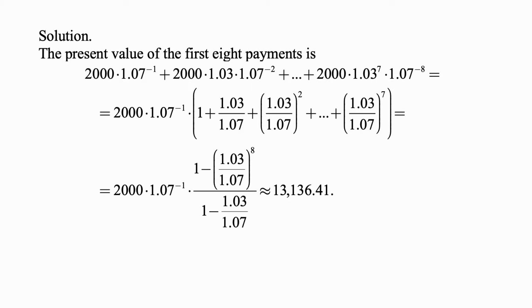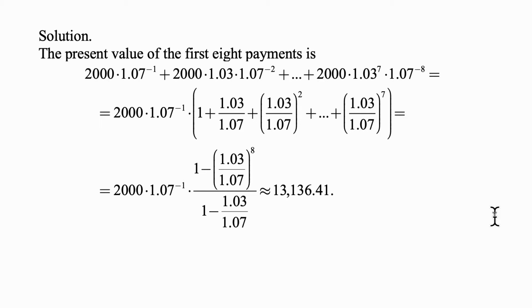So if this was 1 plus r plus r squared and so on through r to the n, then this is 1 minus r to the n plus 1, divided by 1 minus r, where r is the ratio of that series. And the ratio here is 1.03 over 1.07, because you get every next term by multiplying the previous term by 1.03 over 1.07. And this, what we have now, we just calculate.